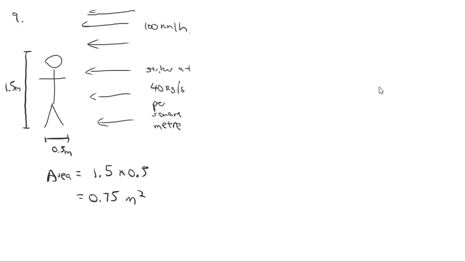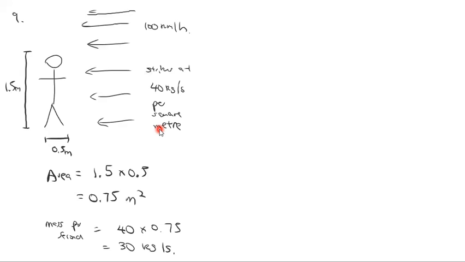Now that's the area of the person, but you are told that you are striking it at 40 kilograms per second per square meter. Because you've got 0.75 square meters, the mass per second is going to be 40 times 0.75, which is 30 kilograms per second. The person is being struck with 30 kilograms of air per second.